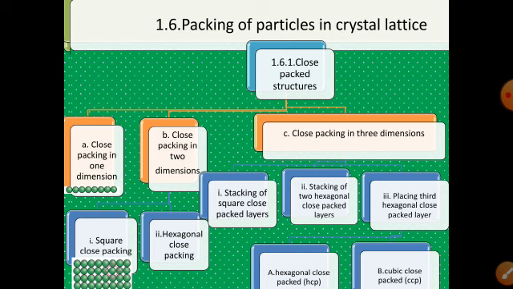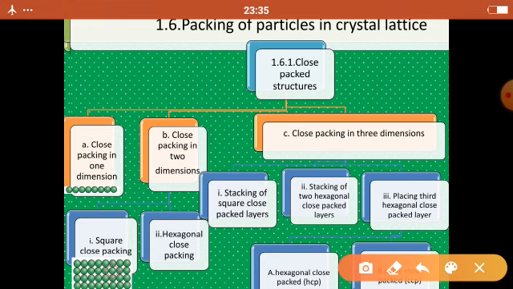Consider this central sphere. This central sphere is attached to another four spheres, and that's why its coordination number is 4.